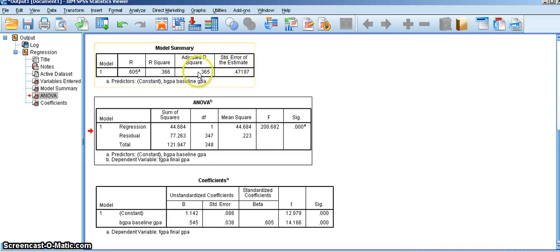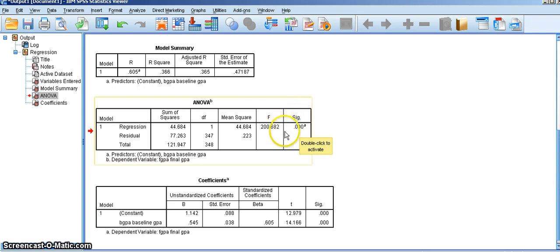So this is very similar to what we talked about in correlations. If we go down to the next box, the ANOVA box tells us whether our model that we've created is significant or not.